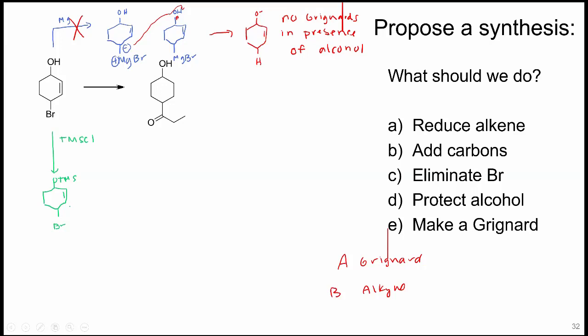You can reduce the double bond at this point using H2 platinum. For these two steps, you could actually switch them around and that would not have an effect on the molecule. So if you wanted to reduce your alkene first, that would be fine.